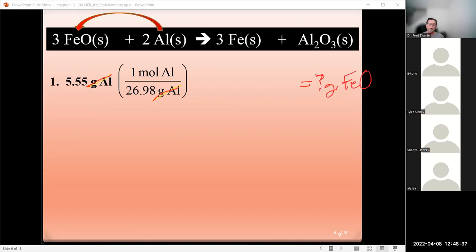That's where I'm going, so I've got to work my units in that direction. The next relationship is getting from moles of aluminum to guess what? To moles of iron 2 oxide.